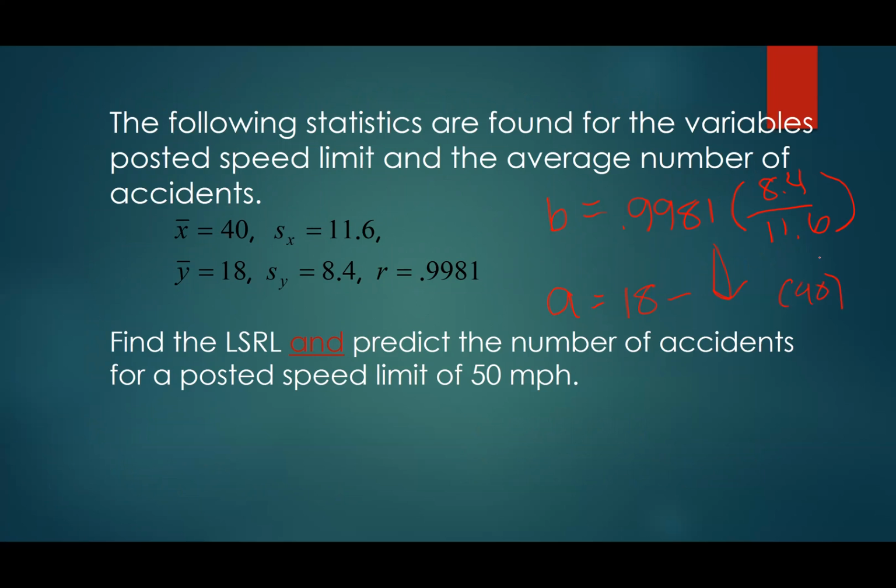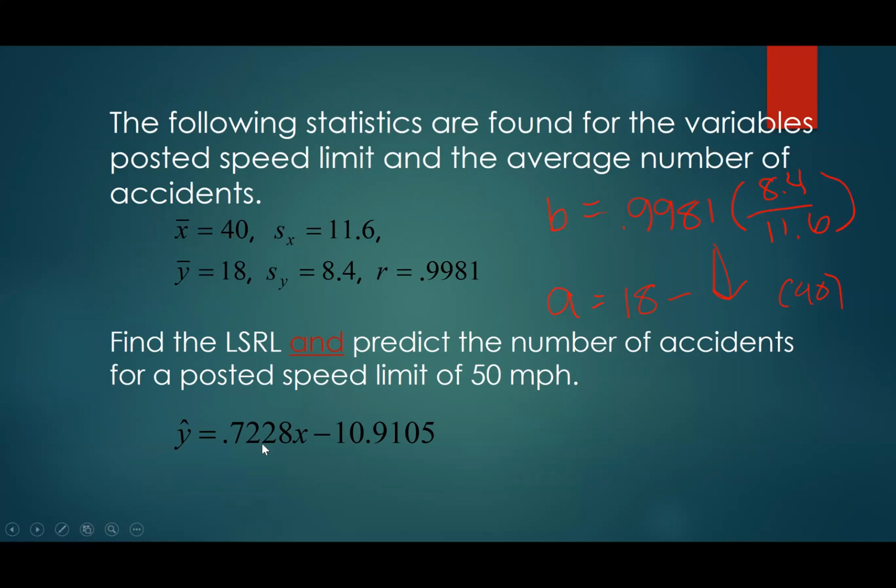So you should type this in your calculator. I trust that you can do that, but I want you to do it right now just to make sure you know what you're doing. And you should get 0.7228 for B, your slope, and negative 10.9105 for A, your y-intercept.